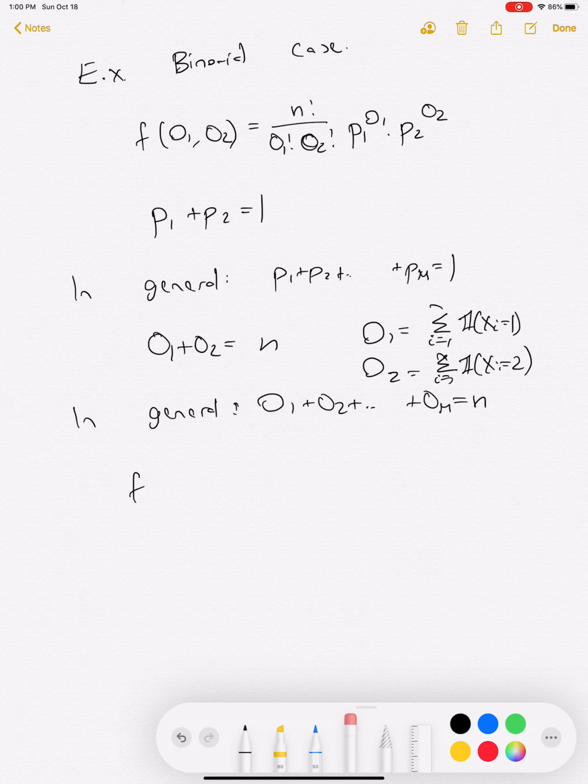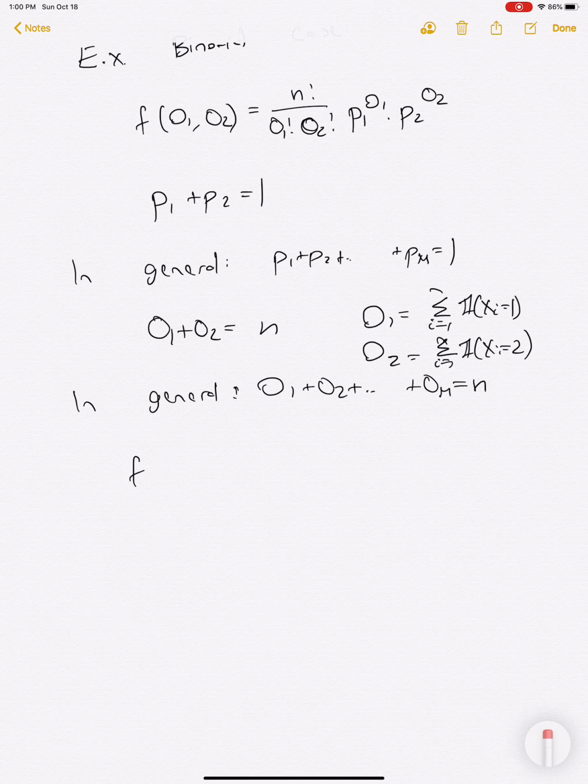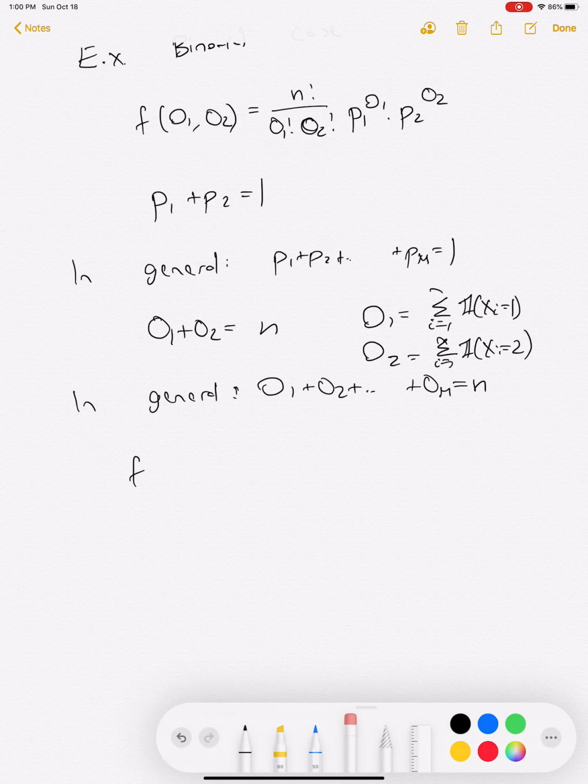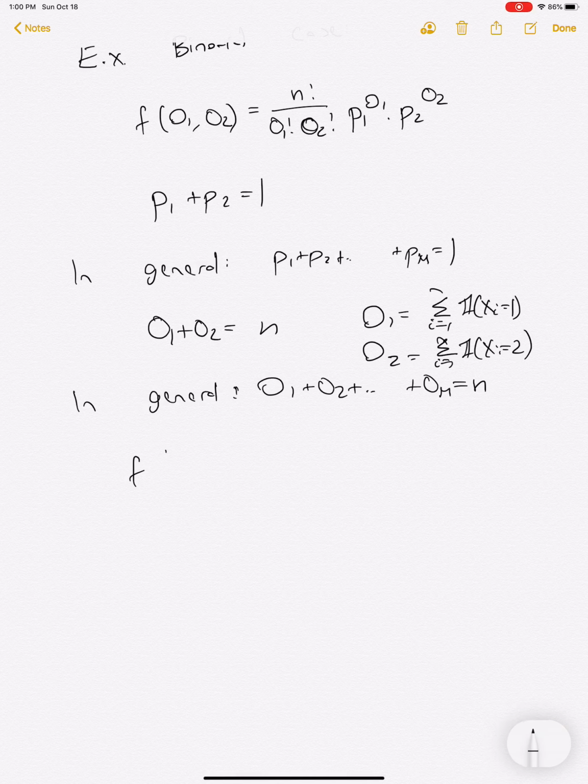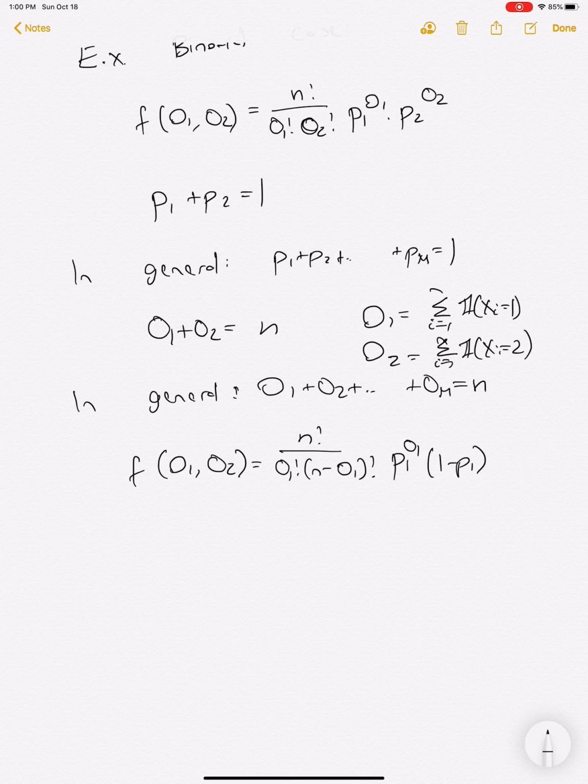And so this just gives you the formula: f of O1, O2 is n factorial over O1 factorial, n minus O1 factorial, and then P to the power of O1, and then 1 minus P1 to the power of n minus O1.